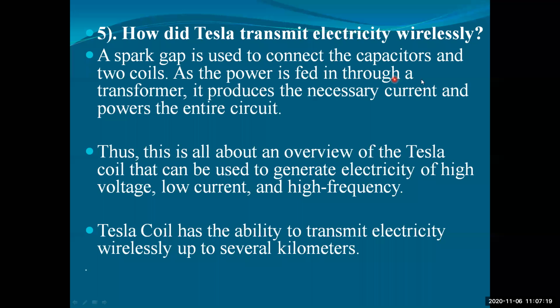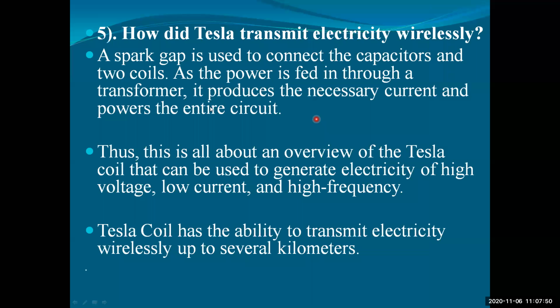As the power is fed to the transformer, it produces the necessary current and powers the entire circuit. So we have to transmit the power like this. That is all about the overview of the Tesla coil that can be used to generate electricity of high voltage, low current and high frequency. Tesla coil has the ability to transmit electricity wirelessly up to several kilometers.